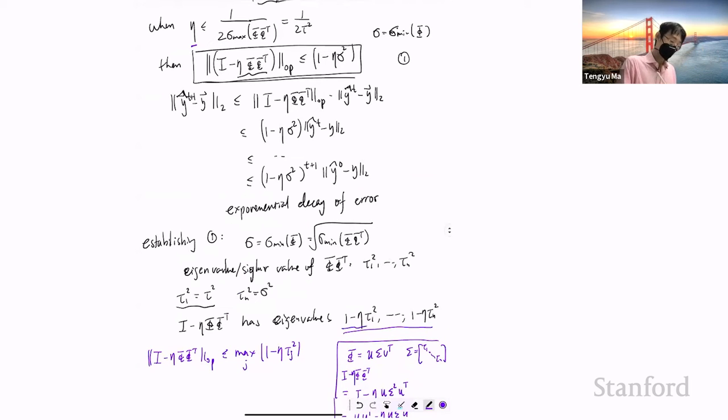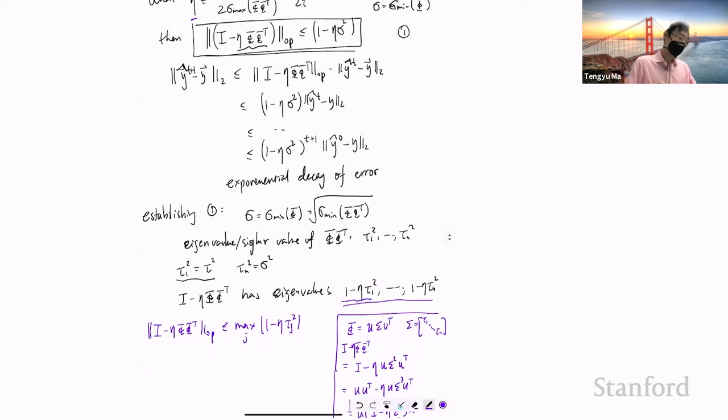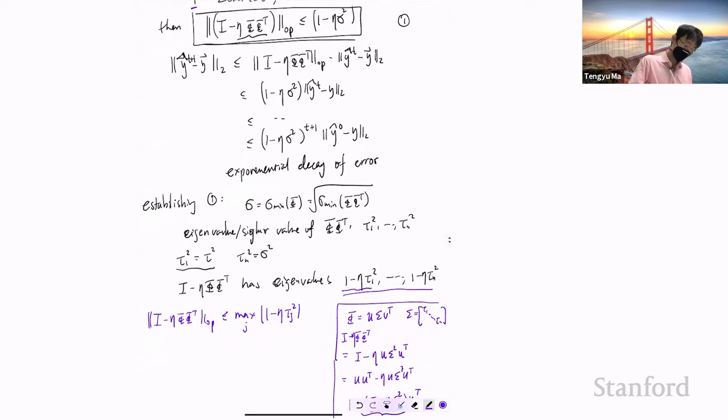So even the largest tau will not make 1 minus eta tau square negative. So everything is positive. So then this is just equal to 1 minus eta tau_n square, which is equal to 1 minus eta sigma square. Okay, so sounds good.